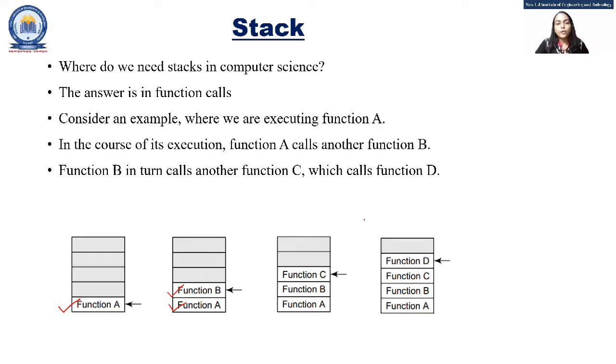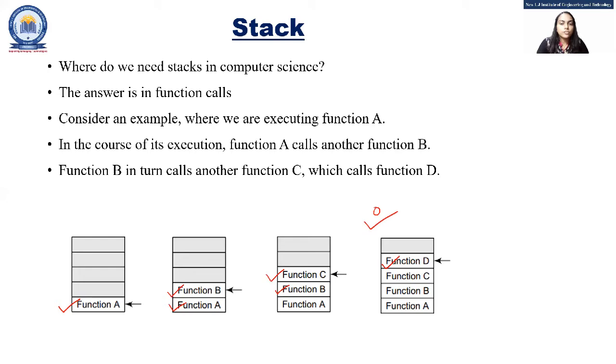Now, B in turn calls another function C, and C again calls D. So what is happening at this situation is A has called B, B has called C, C has called D, right? So each and every function is currently open.